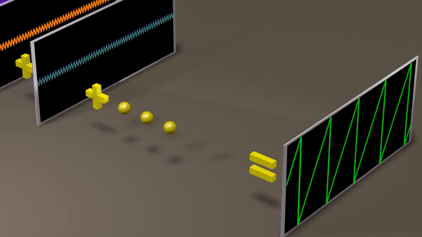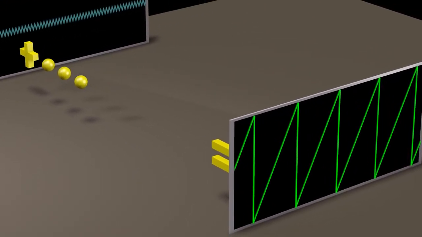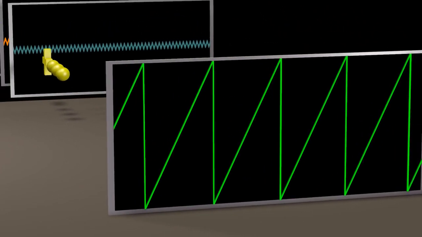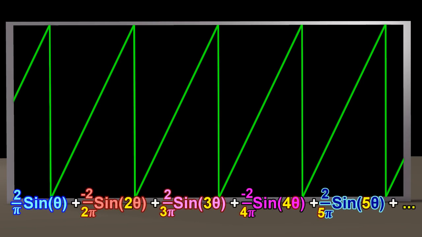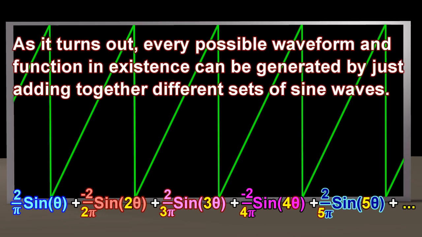By adding an infinite number of sine waves, we have produced this other pattern that looks like this. As it turns out, every possible waveform and function in existence can be generated by just adding together different sets of sine waves.